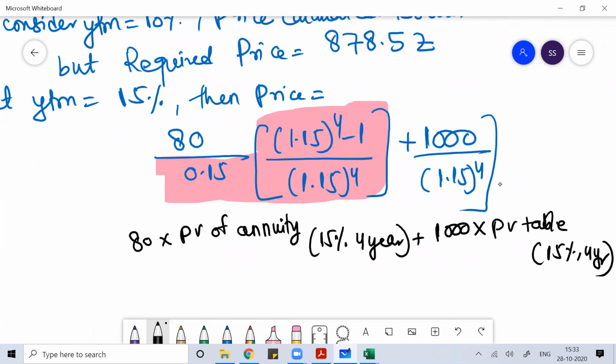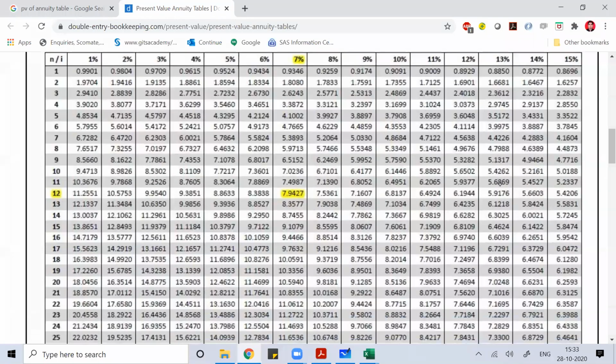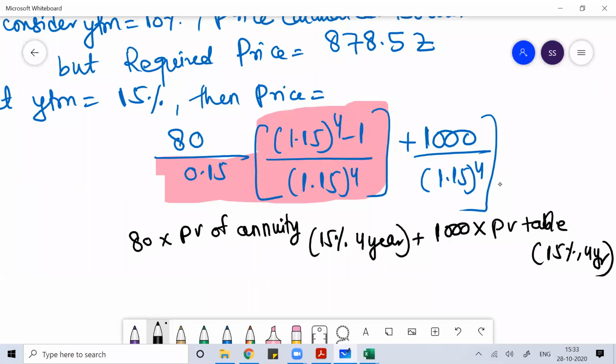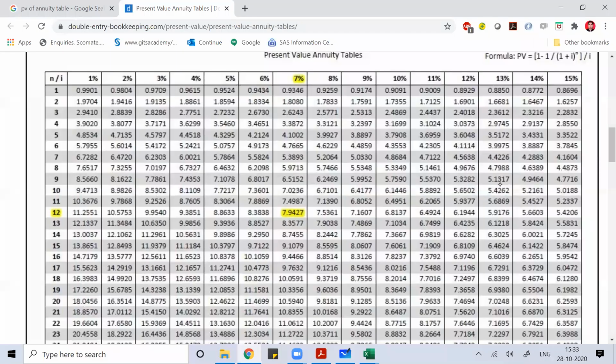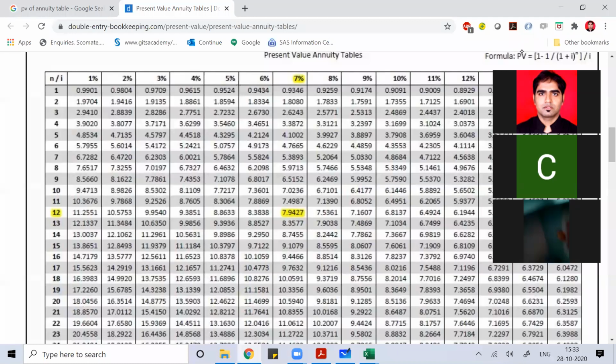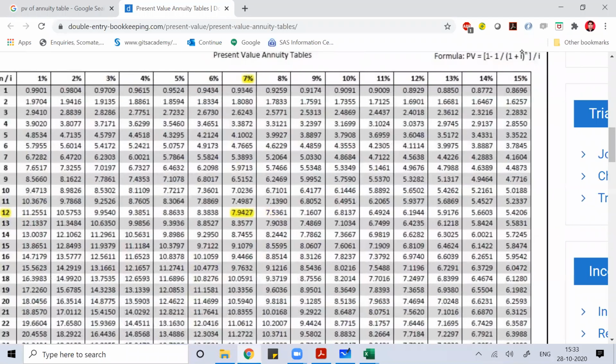In case I give you the table, you just look at 15% and the time of 4 years. 15% for 4 years: 1, 2, 3, 4.